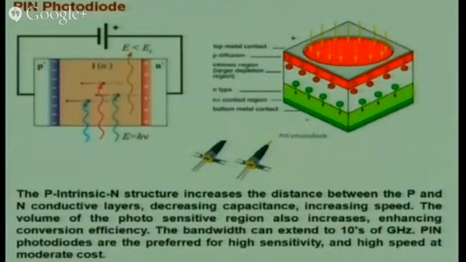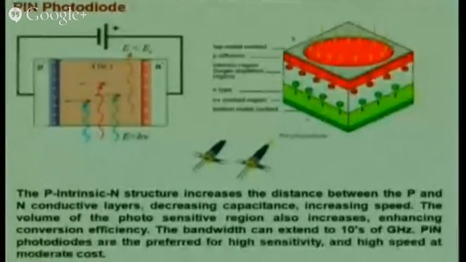In that situation, if I create a p material, n material, and an intrinsic layer or depletion layer to be much wider, then it is possible that most of my photons are absorbed in the depletion region, and then the electron-holes which are produced here can traverse to the respective junctions to create a photocurrent out of it. So a new photodiode, which is called the pin photodiode, has come in, wherein an intrinsic layer has been incorporated, right? So this is what is called the pin photodiode.